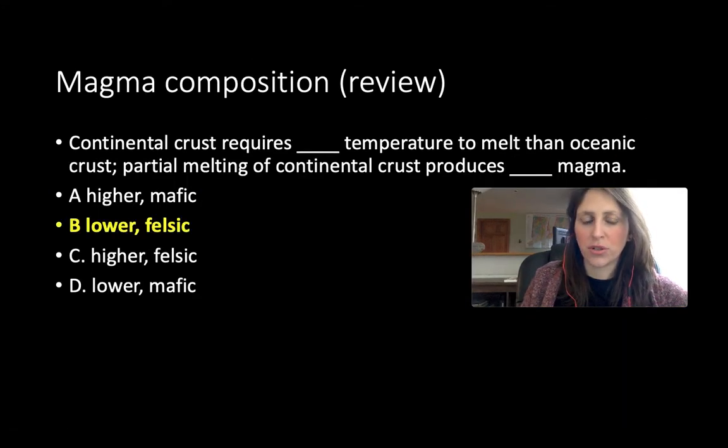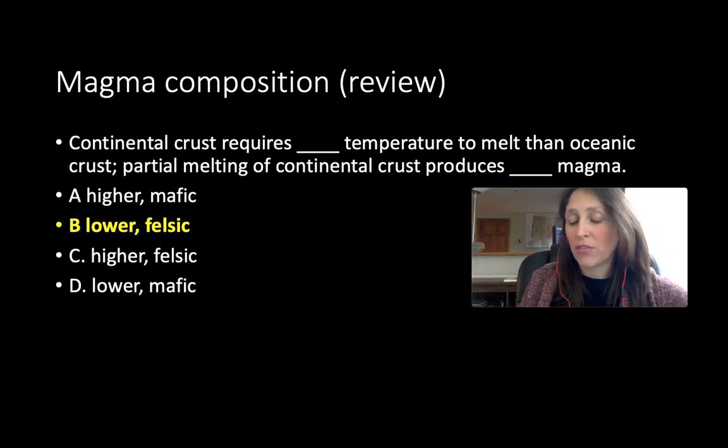Okay, continental crust requires a lower temperature to melt than oceanic crust. Partial melting of continental crust produces a felsic magma. Again, this is a review on magma composition and how these different types of magma form. Okay, so felsic versus mafic versus intermediate. You're going to have felsic magma in continental types of settings.